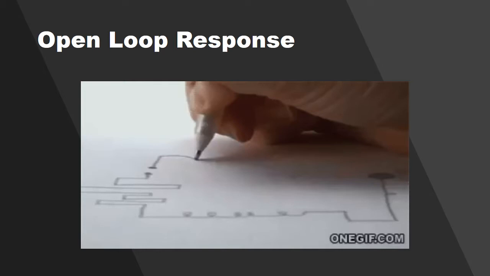This then represents an input which is amplified to drive the DC motor at a set speed of N, representing the output of the system. An advantage of this type of design is that it is rather cheap and simple to implement. The disadvantage of this type of design is that variations or disturbances in the system affect the speed of the motor.